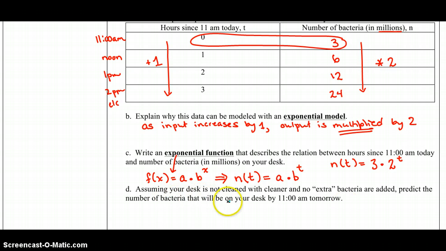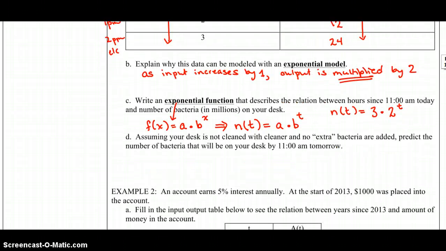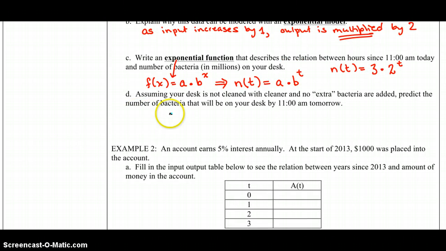Assuming your desk is not cleaned with cleaner and no extra bacteria are added besides the ones already there and multiplying, predict the number of bacteria that will be on your desk by 11 a.m. tomorrow. By 11 a.m. tomorrow, that would be 24 hours past 11 a.m. today.